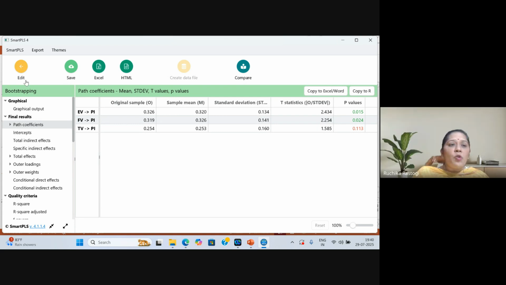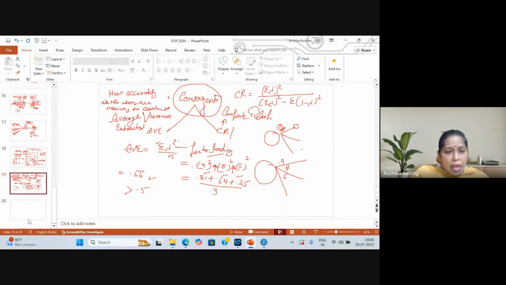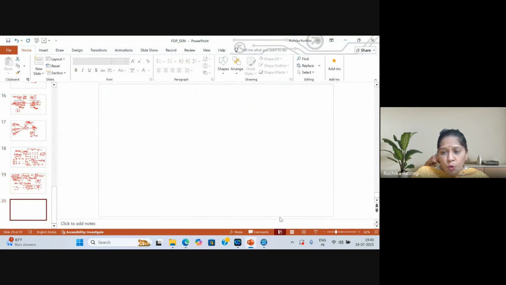Yes. Okay. Now, I'm taking the screen again and I will be telling you few things to understand mediation and moderation. If you see my model, which I have discussed with you yesterday, there is a functional value, there is a traditional value, and what was the third value?